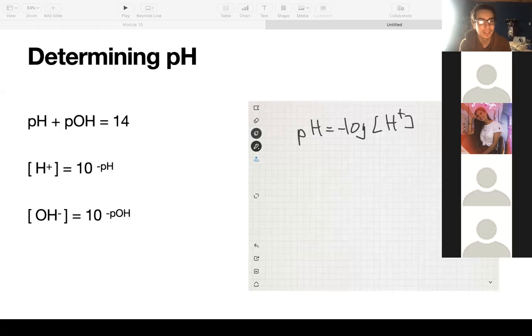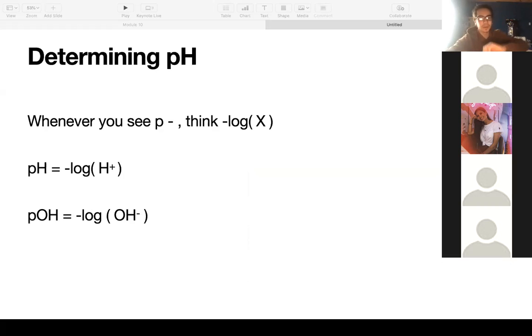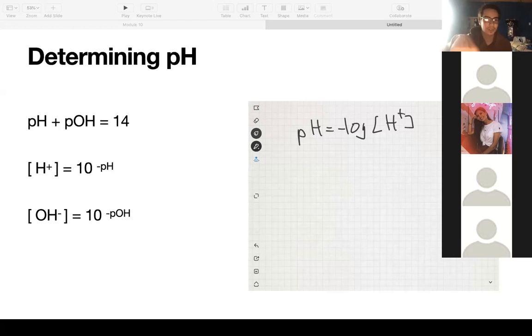Going back to these expressions here, I have a little video showing how, if you know your pH, you can calculate your concentration of hydrogen ions. You can see those two equations on the left-hand side: H plus is equal to 10 to the negative pH, or hydroxide ions is equal to 10 to the negative pOH.